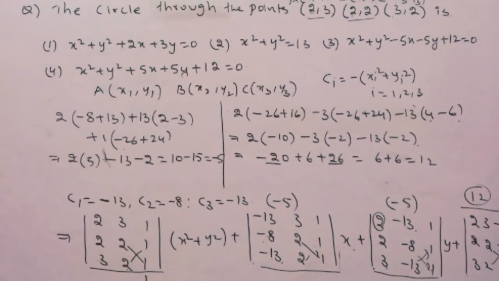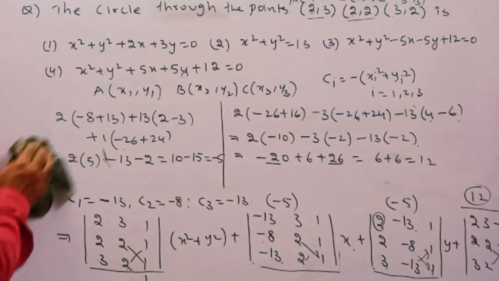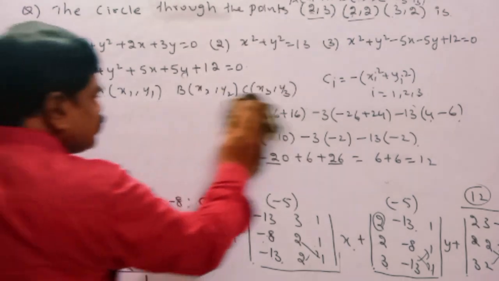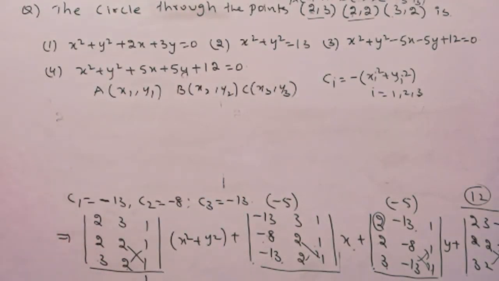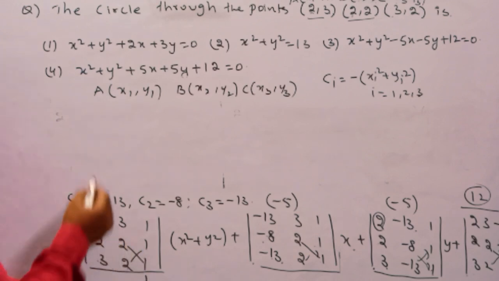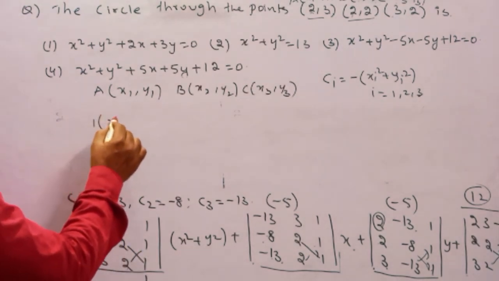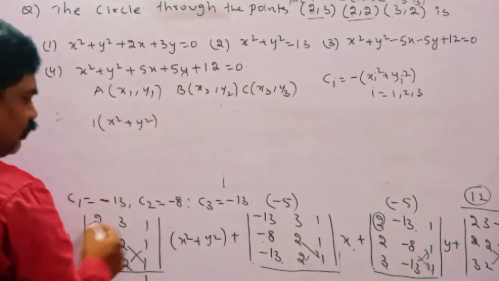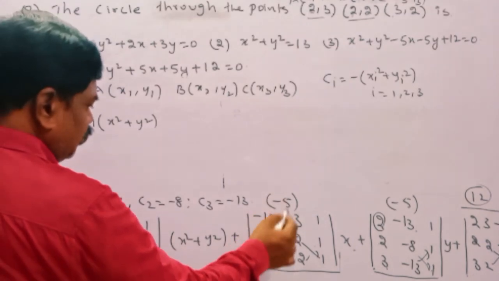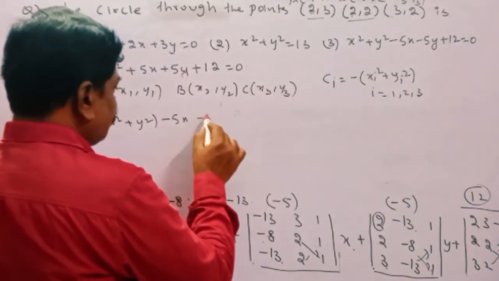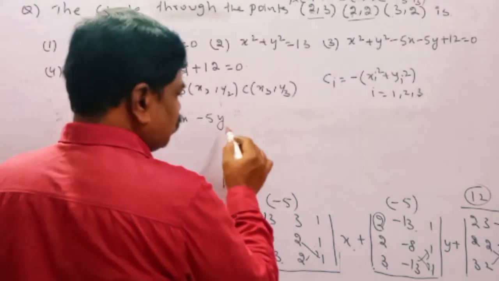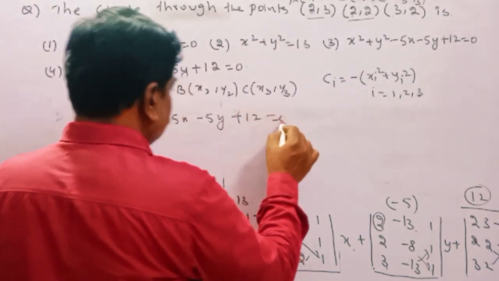Then get all coefficients. This coefficient is 1. So 1 into x square plus y square, minus 5x, minus 5y, plus 12 equal to 0.